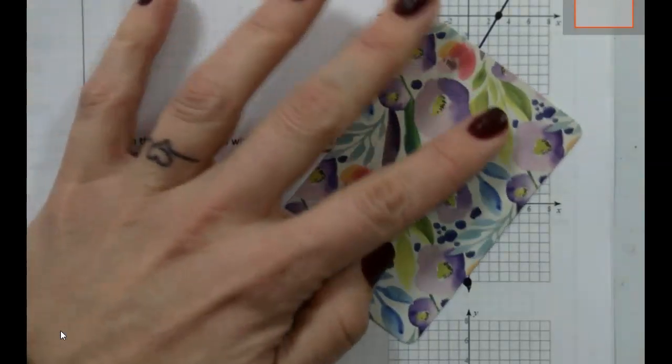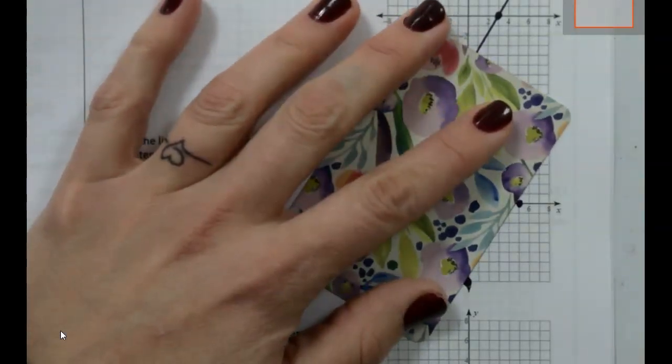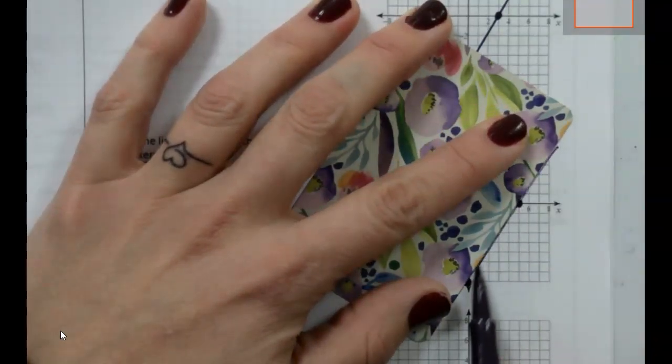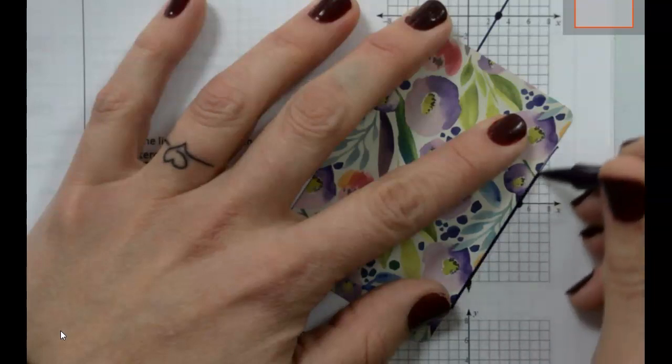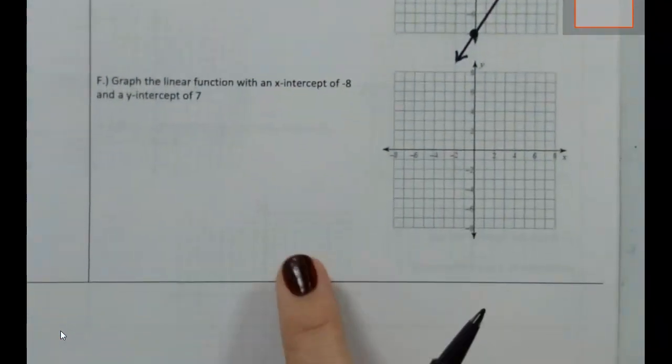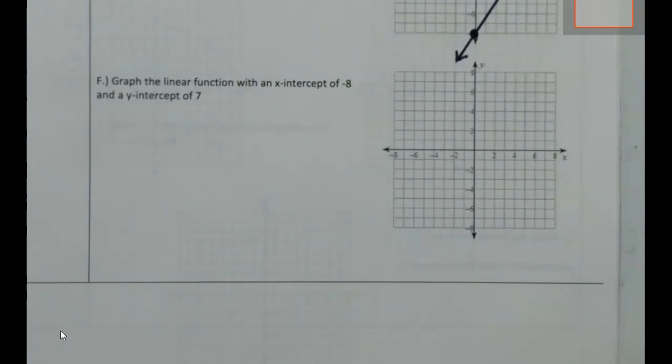And then I'll connect. Because I'm graphing the entire function, the domain of this function would be all real numbers. So I go ahead and draw the whole function with arrows on the end. Okay, same as before, I'll pause for a minute for you to try this one. And then we'll continue.